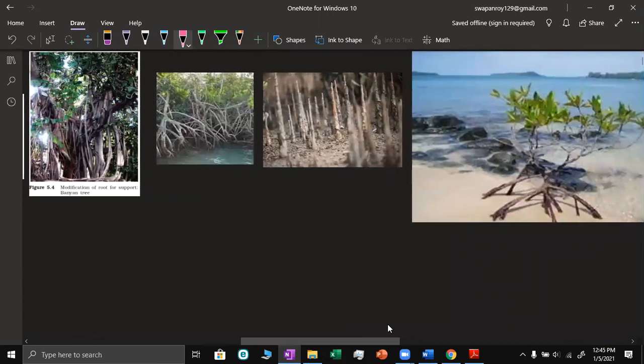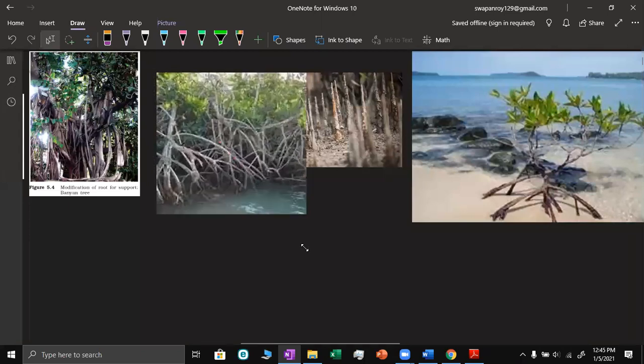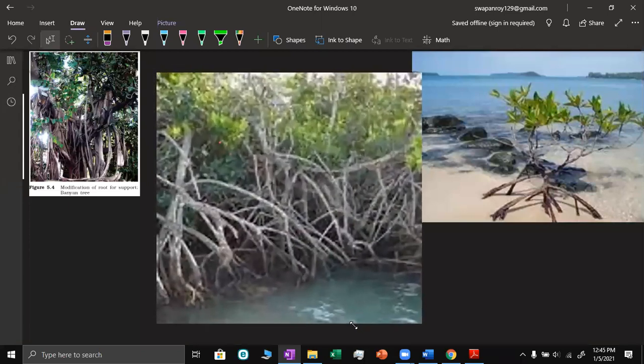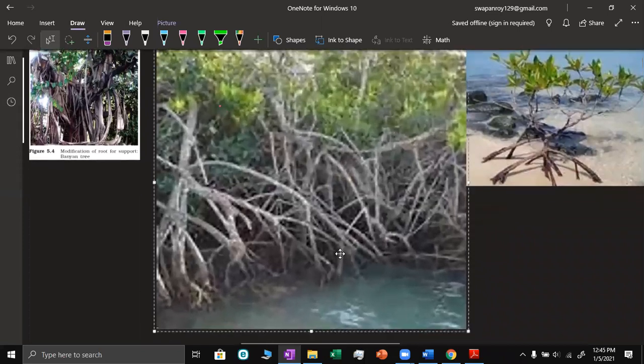See these photographs. Can you see it clearly?